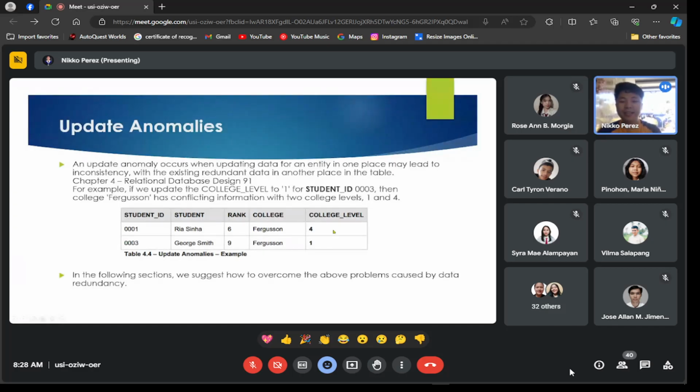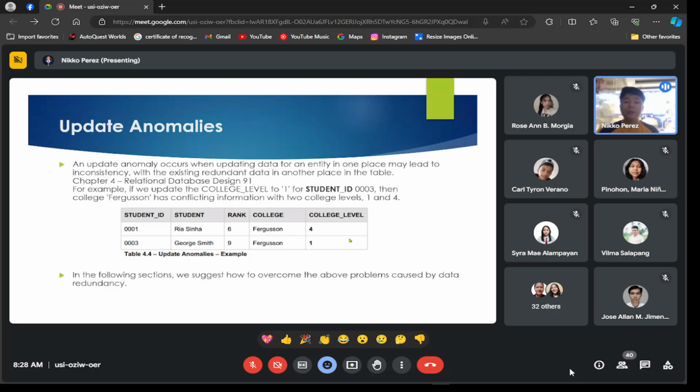Again, in a real application, there will be a lot of conflicting information because of updates happening in an incorrect database design or table. This is just a simple illustration for us to realize that this anomaly is really happening.